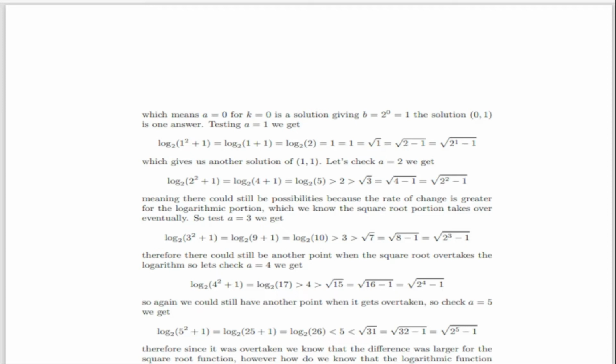So it equals square root of 4 minus 1, which equals square root of 2 to the 2 minus 1. So that means that log base 2 of 2 to the 2 plus 1 is strictly greater than square root of 2 to the 2 minus 1. Okay. There could still be possibilities, because the rate of change is greater for the logarithmic portion, though we still know the square root portion takes over eventually.